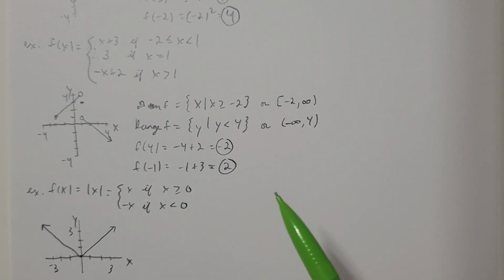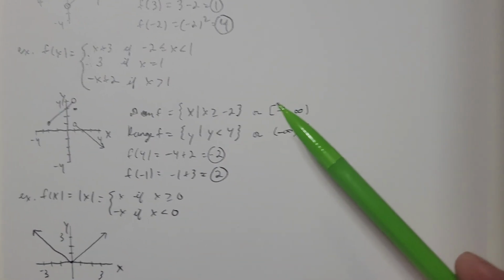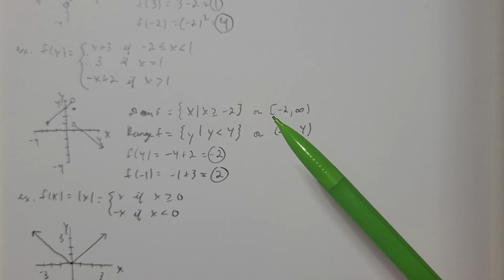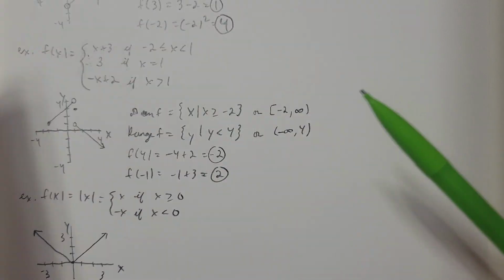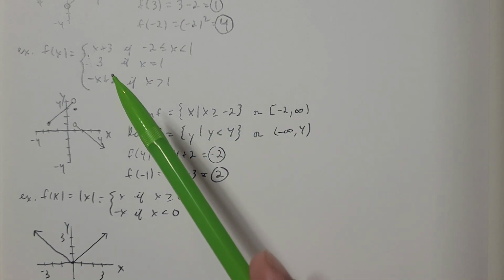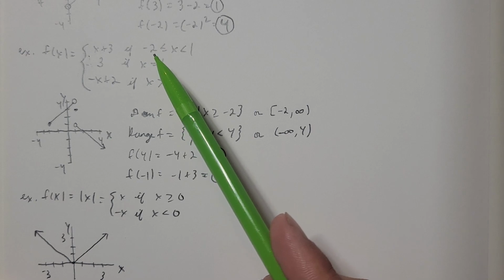Okay, so the first thing, I got y equals x plus 3. Again, y equals x, that's the identity function. If I'm adding 3, then, well, why don't I go ahead and plug in this left value here? -2.